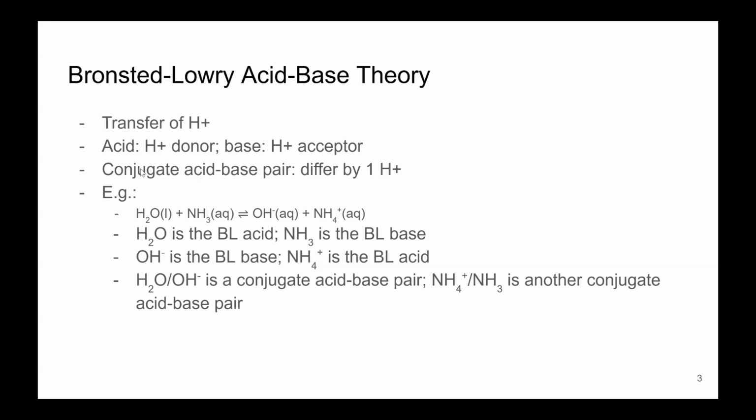Let me repeat that again. When you have water and ammonia reacting together, your water becomes hydroxide, and water is a conjugate acid while hydroxide is the base of that acid. And for ammonia, ammonia and ammonium ions is another conjugate acid and base pair. So you call these pairs conjugate acid and conjugate base.